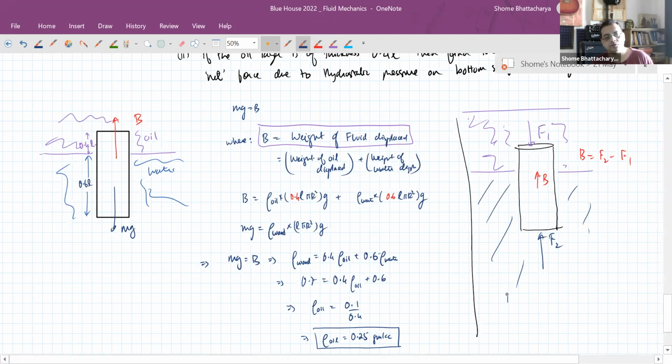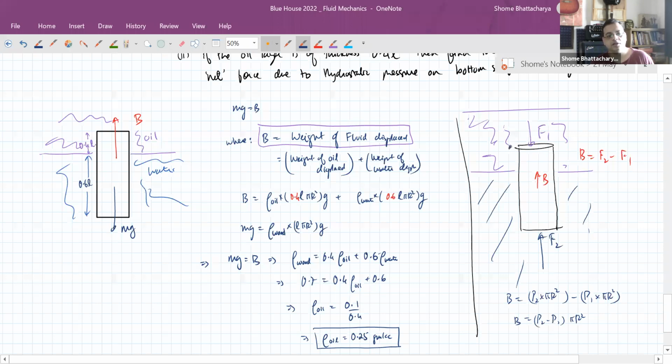This buoyant force will be equal to this pressure difference into pi r square.